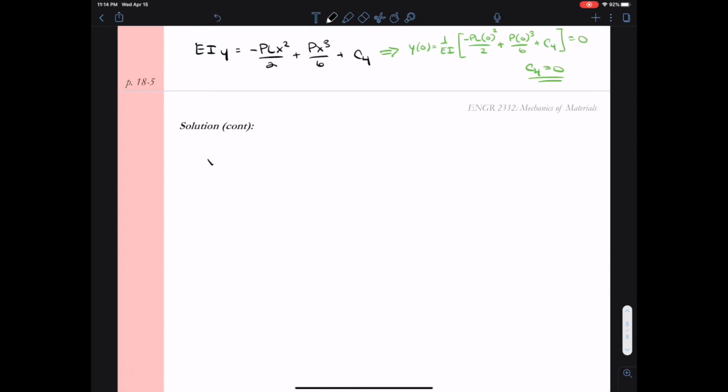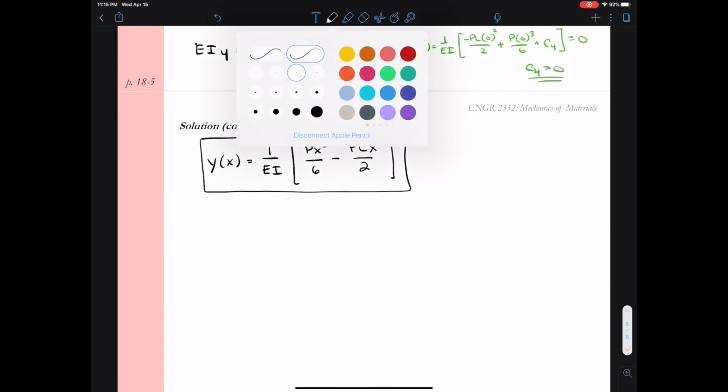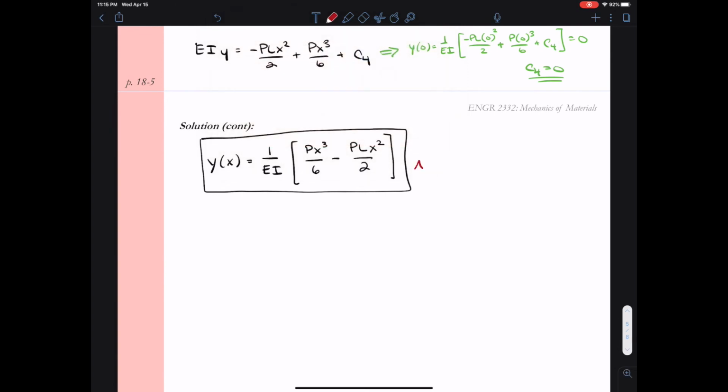Rewriting our equation, y of x equals 1 over EI times the quantity of Px cubed over 6 minus PLx squared over 2. And that is our answer for our deflected shape. So if we want to come up with the deflection at any point along this cantilever, all we have to do is plug in a value of x, and we would be able to solve for that deflection.